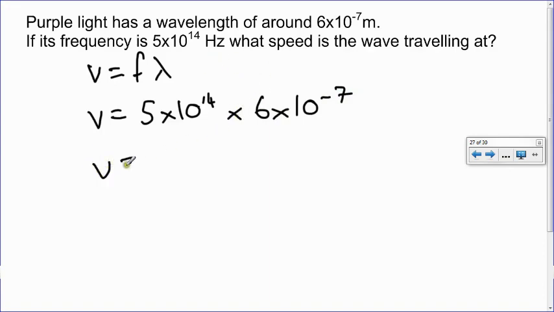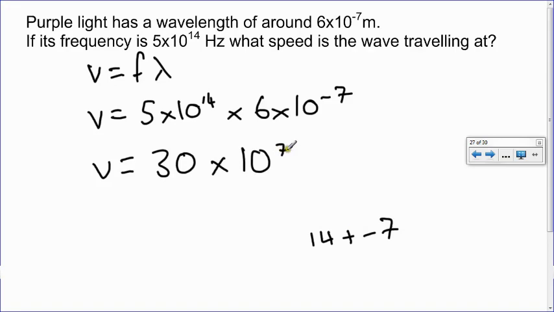And so I'm multiplying. So 5 times 6 is 30. And then I need to work out what's going on with my powers. Right, so I'm saying 14 is my 1 power, and multiplying, so it's 14 plus minus 7, plus and a minus is a minus. So 14 minus 7 is 7.